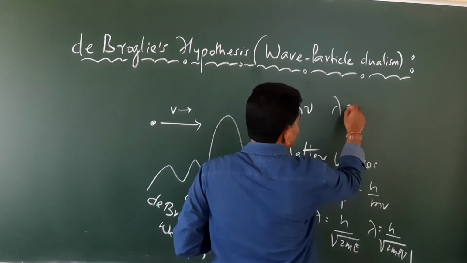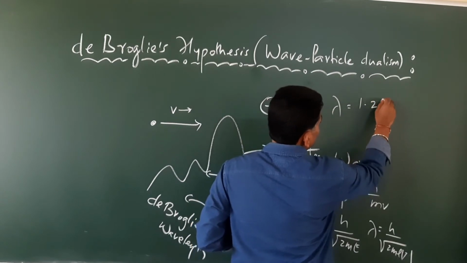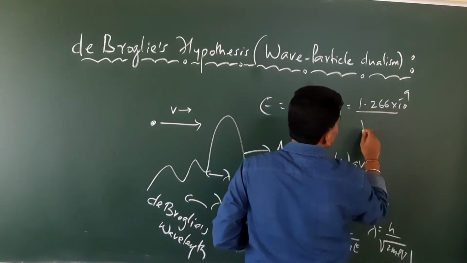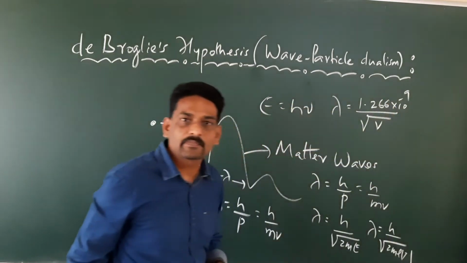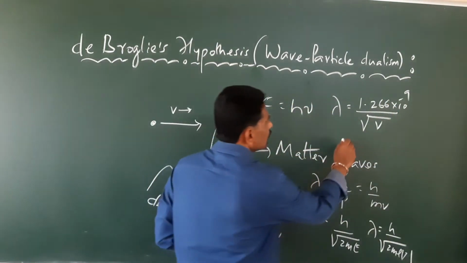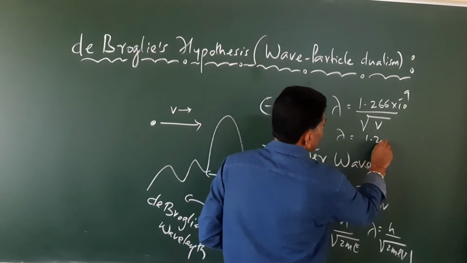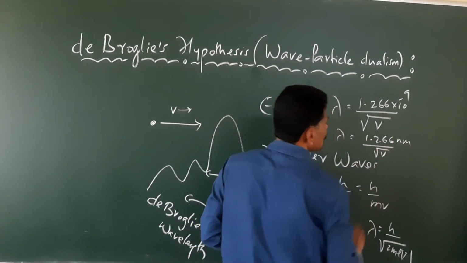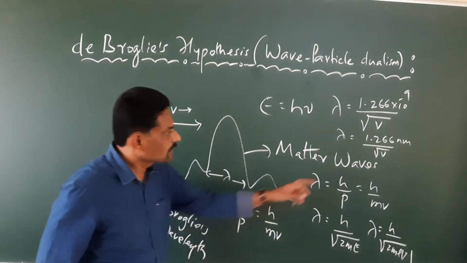What is known as lambda equals 1.266 into 10 raised to minus 9 divided by root V. Or in other words, lambda equals 1.266 nanometer divided by root V. So how do you get this?